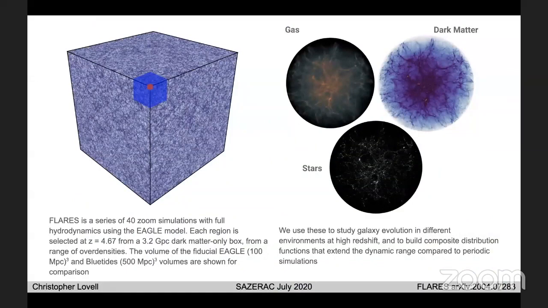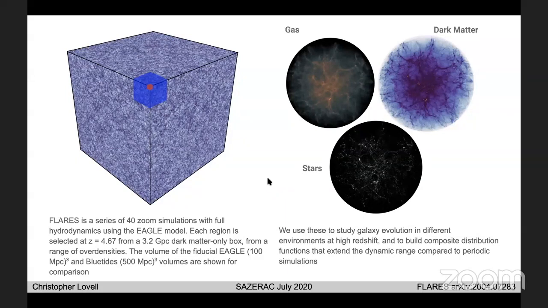So we select these regions from a large 3.2 gigaparsec cubed dark matter only box. This has a resolution of 10 to the 10 solar masses per dark matter element. So it's quite coarse, but it's sufficient to resolve the large scale structure. These are selected at redshift 5, and you can see compared to the periodic Eagle volume, which is inset in red, and the periodic BlueTides volume, we're able to sample a much larger range of different environments than in typical periodic hydrodynamic simulations.